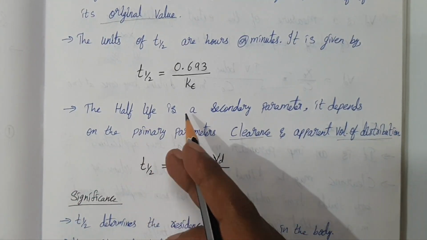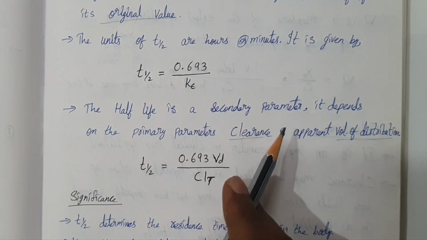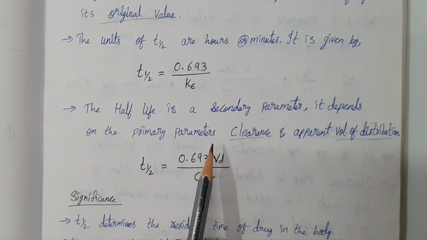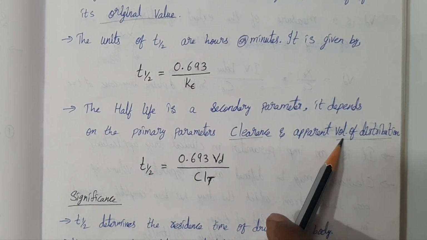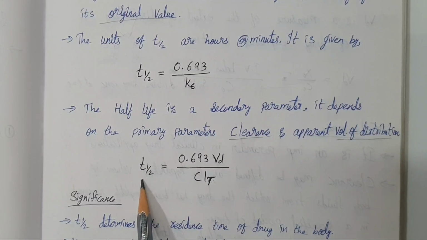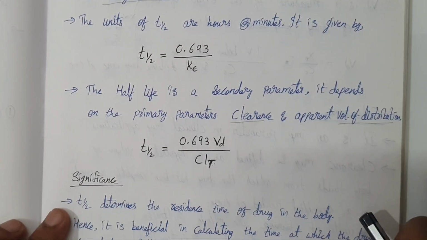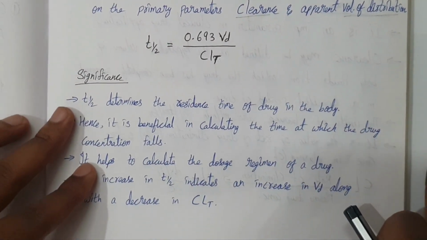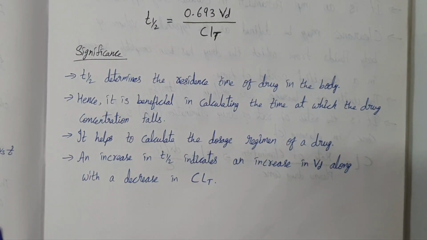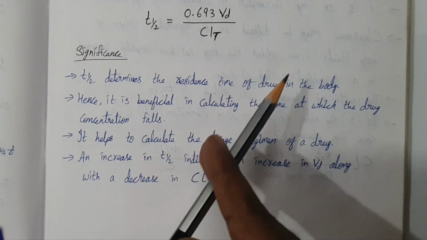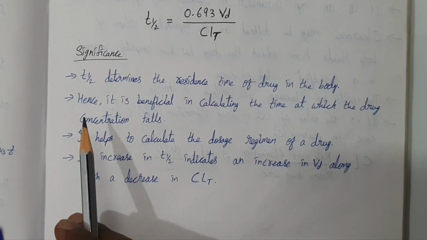The half-life is a secondary parameter, so it depends on two things, that is clearance and volume of distribution. So our formula becomes t half equals 0.693 Vd divided by ClT. ClT is total clearance.